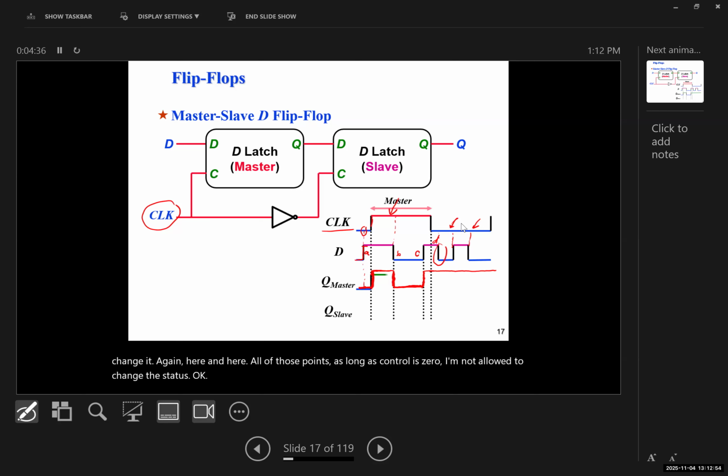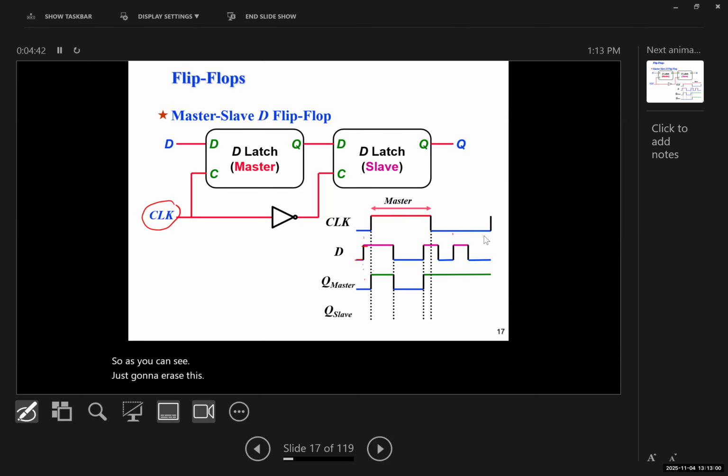So, as you can see, just gonna erase this. You can see what happens. Now, what happens to Q slave? Now, what is the input for the Q slave? What is D for Q slave? What is the input of the slave connected to?